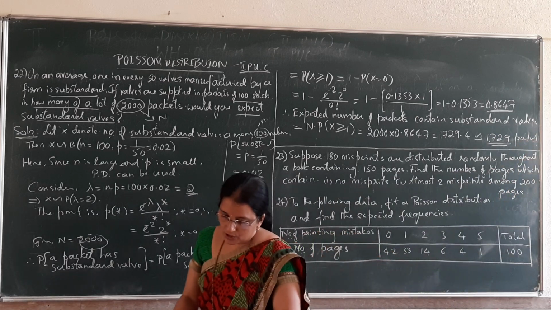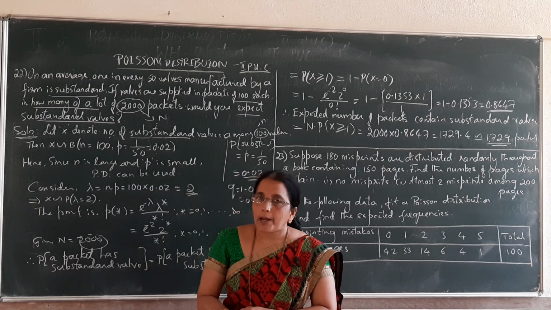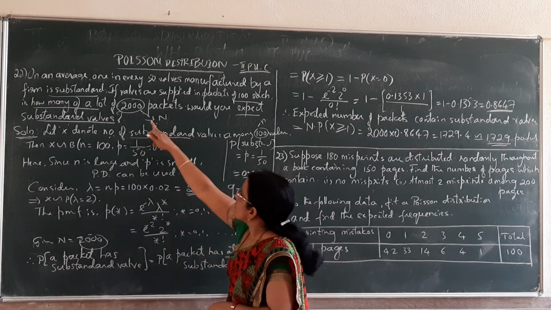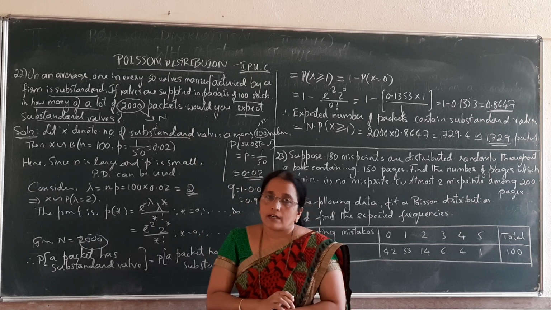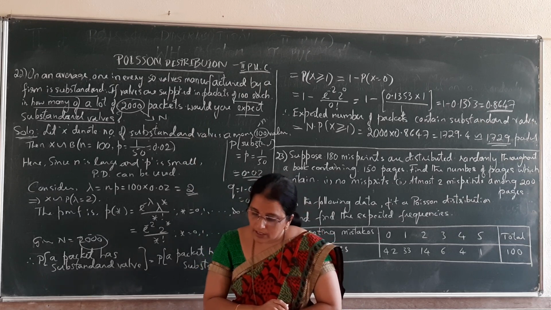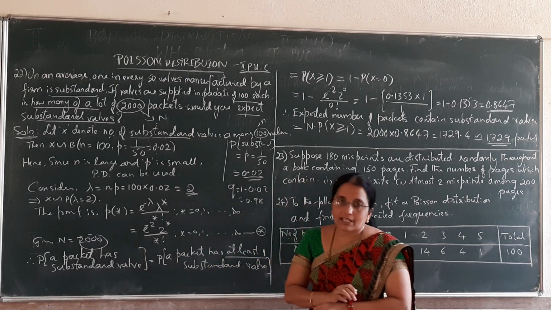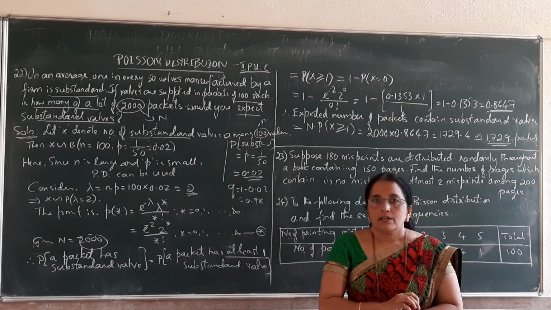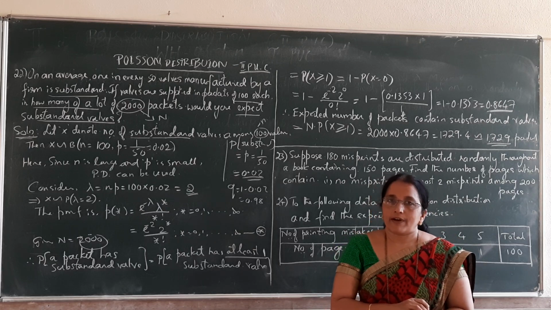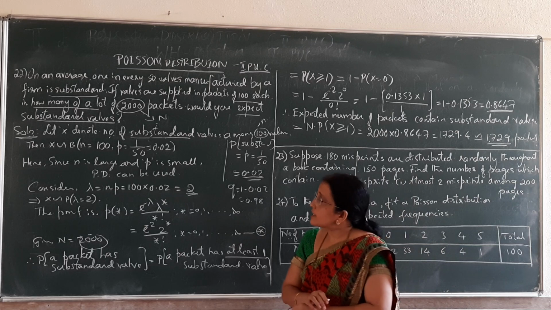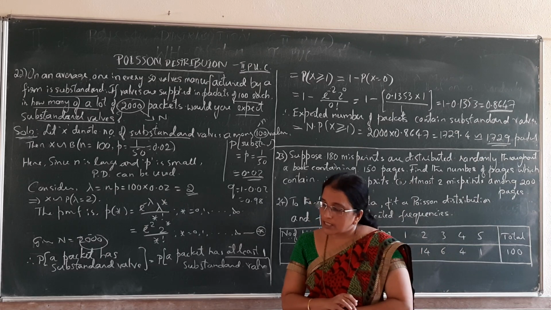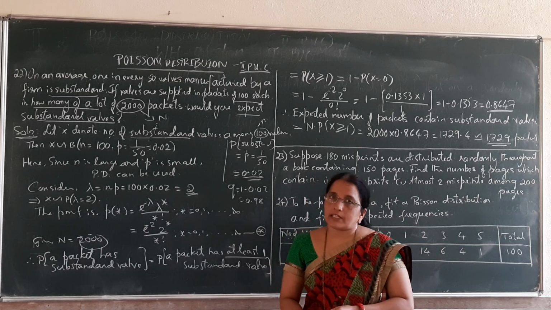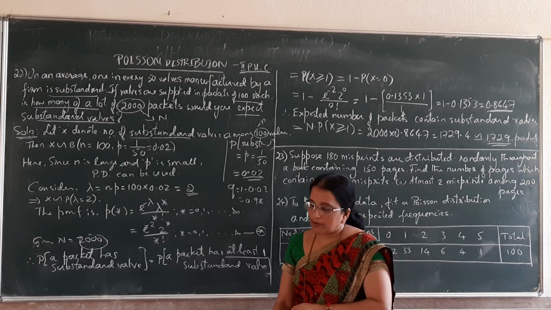So here the answer is, among 2000 packets, 1729 are expected to have substandard values.